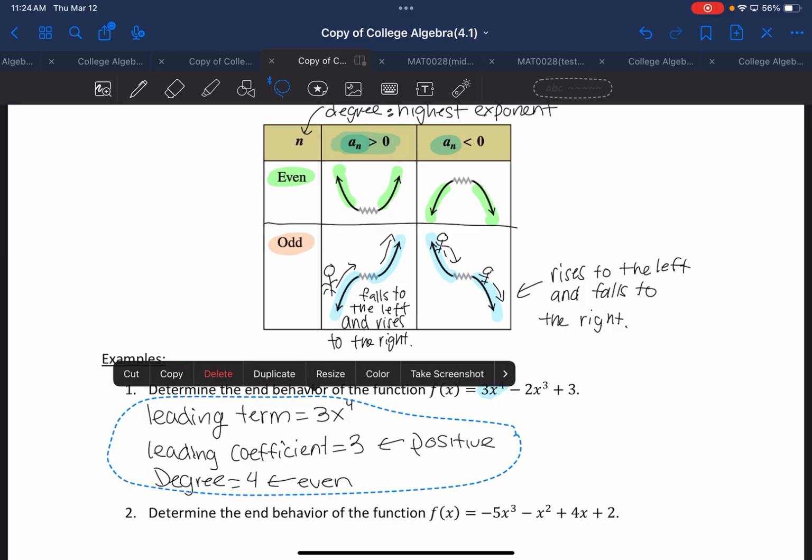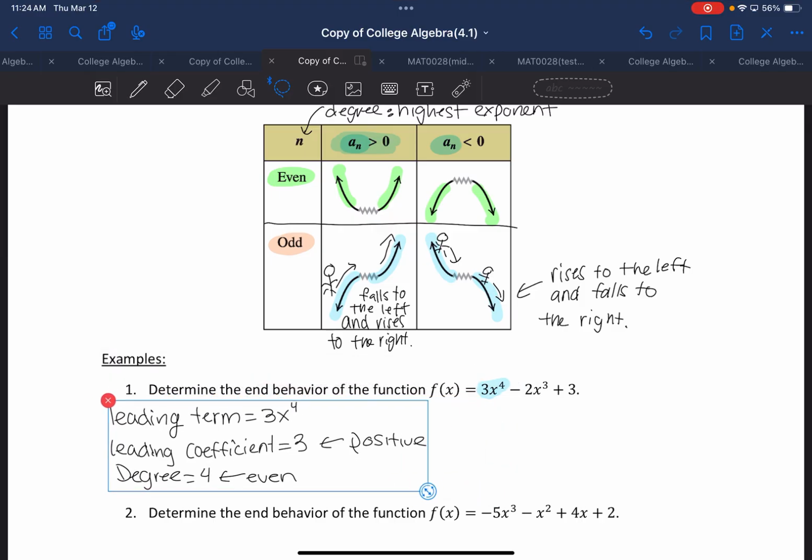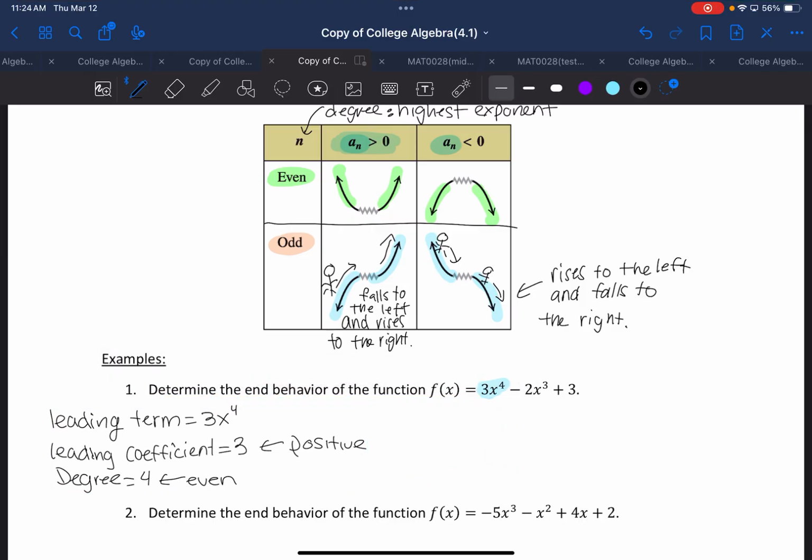In descriptive form, they'll both be pointing up in the same direction, so it will rise to the left and rise to the right.